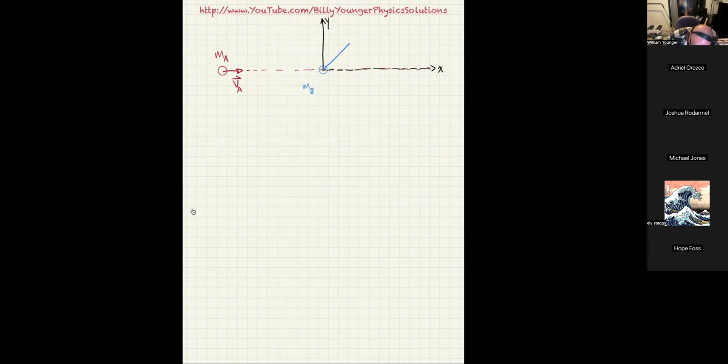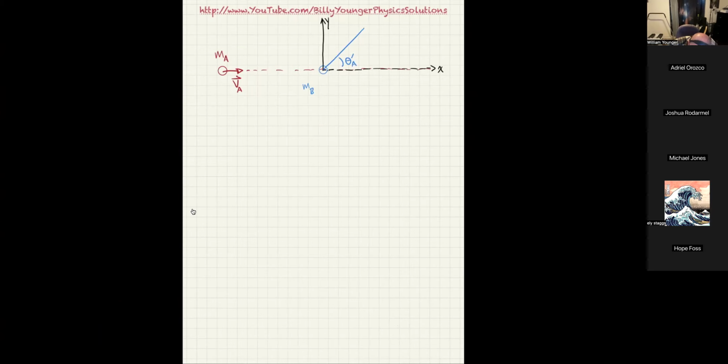So we're going to say one of these particles, possibly A, is going to take off at an angle theta A, and this is something that's after the collision, so they put a prime on it.